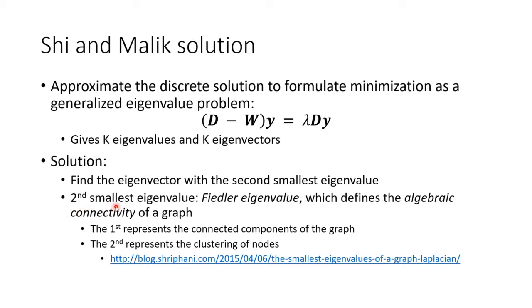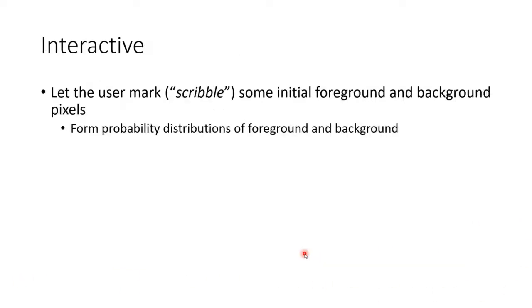So what does it mean to get the second smallest eigenvalue? That's the Fiedler eigenvalue, which defines the algebraic connectivity of a graph. So actually, it's representing the connectivity. The first eigenvalues represent the connected components of the graph, and the second represents the clustering of nodes. There's a whole bunch of explanation about this on this link.